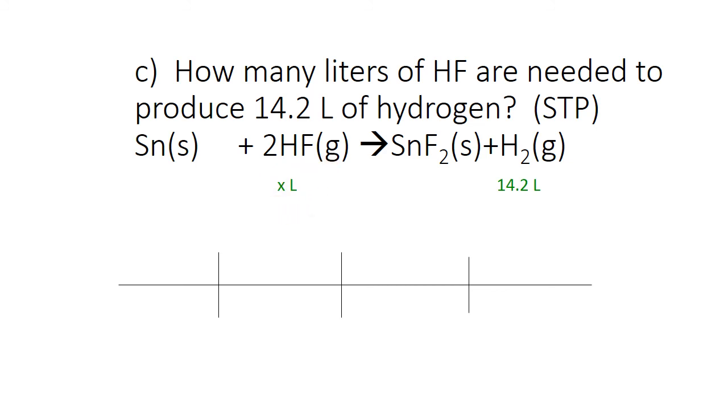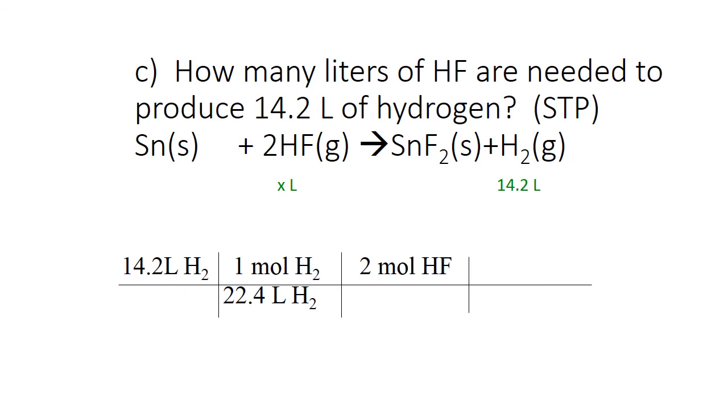So we started with our 14.2 liters of hydrogen, converted to moles of hydrogen. We go to our mole ratio of hydrogen fluoride to hydrogen. So that's 2 to 1. So for every 2 moles of hydrogen fluoride, we produce 1 mole of hydrogen gas.